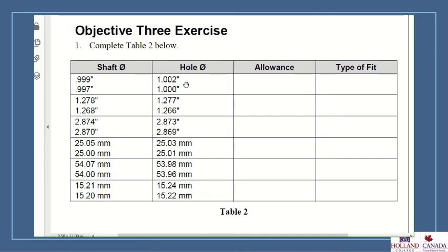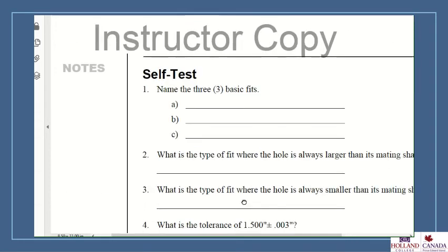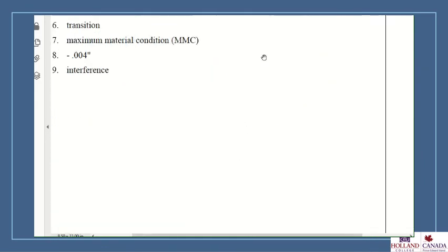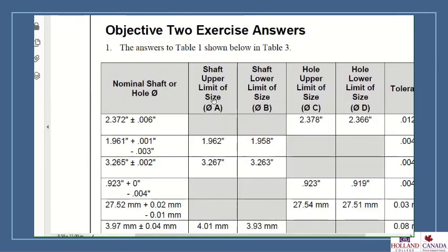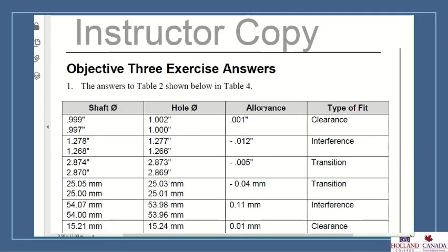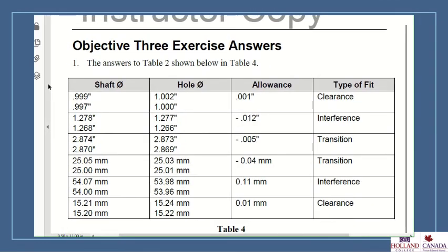Okay, so what we're going to do in this one is you're going to calculate the allowance and then figure out what type of fit it is. So let's take a look at the table. We'll just walk through the first one together. Okay, so objective 3. So in this case, we want to subtract the largest shaft diameter from the smallest hole diameter. I can't get my calculator to pop up here, but that's okay.